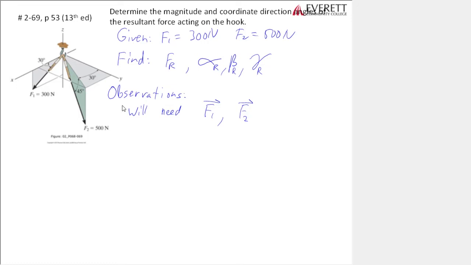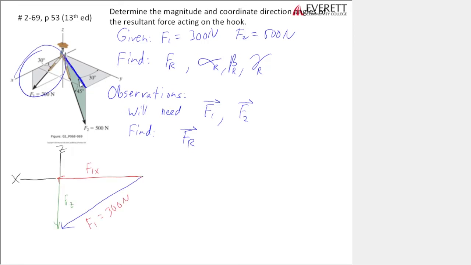And then we're probably going to find FR as a Cartesian vector. And what would we do from there? As we had FR, we'd find its magnitude and then coordinate direction angle. So we have a path. So let's start with the first step. What are we going to do with F1?